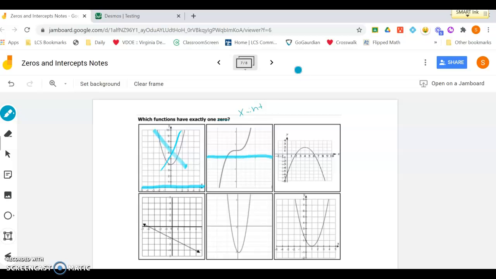If I highlight the x-axis here and follow my graph, I cross through one time there, and that's it. So one time, yes. Highlight this x-axis. I follow the curve, I go through one time here, and I come back through, so that's not right because I'm only looking for one time.